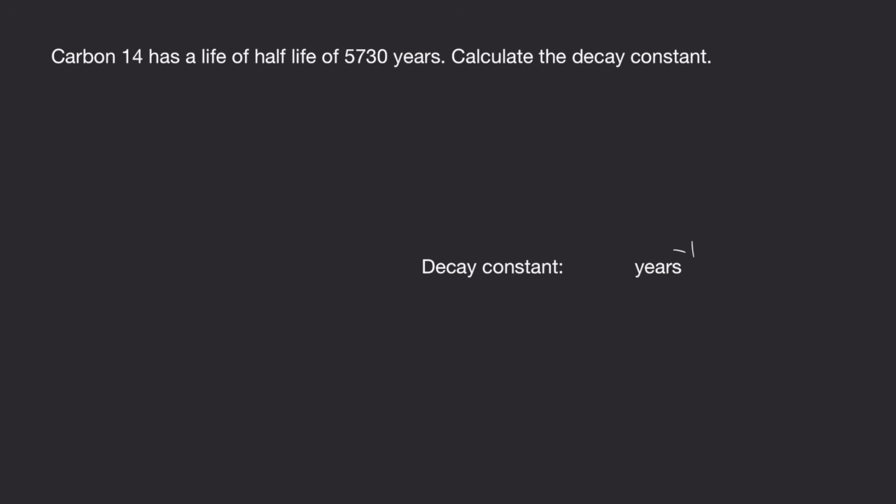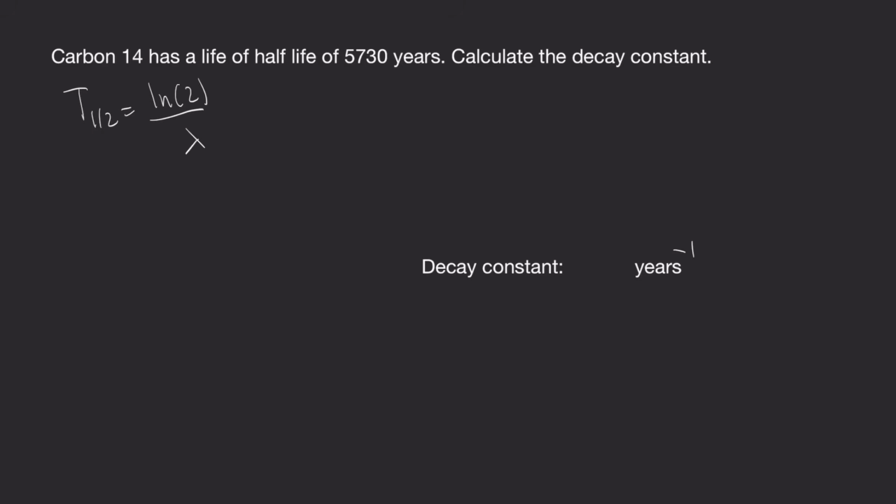Let's do a simple but very important question. Every time we have the half-life of a substance, we also have the decay constant. For instance, carbon-14 has a half-life of 5730 years, and in order to calculate the decay constant, we can just use the fact that T half-life is equal to ln of 2 divided by lambda.